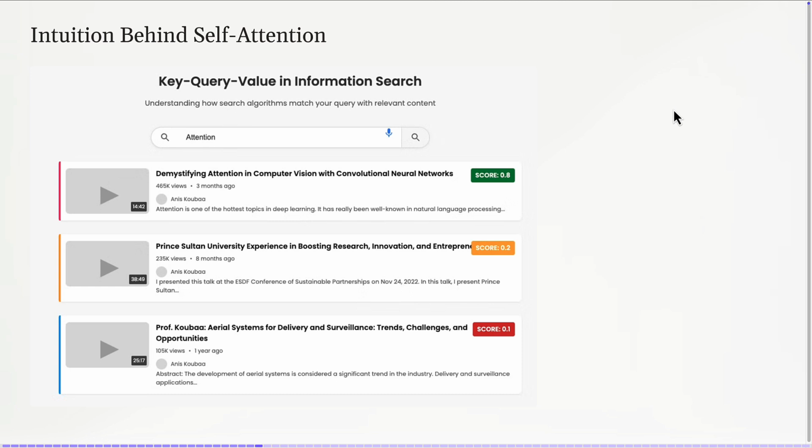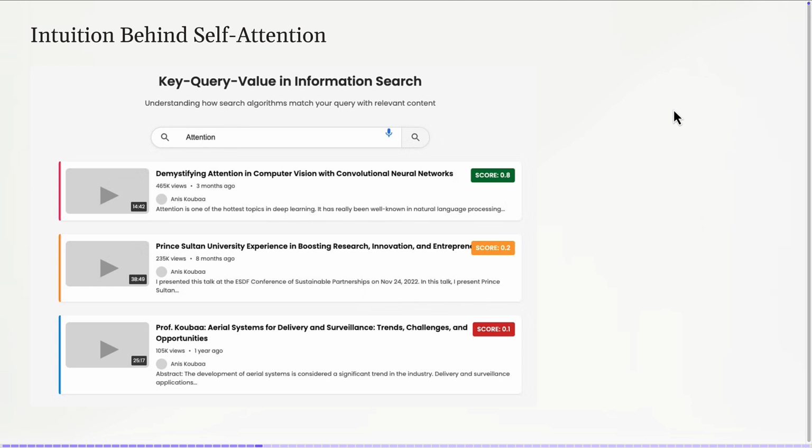And this whole database is actually our value, okay? And from all this database, you will select the best results, okay? What does it mean, the best results? The results that are the most relevant to the query.